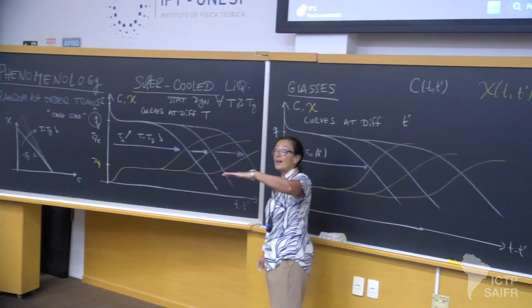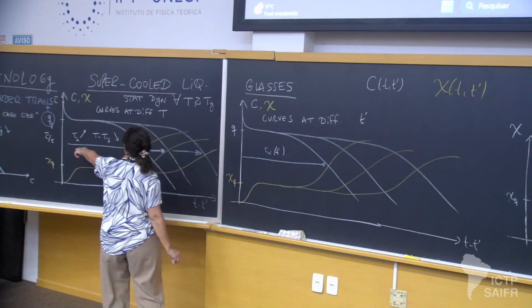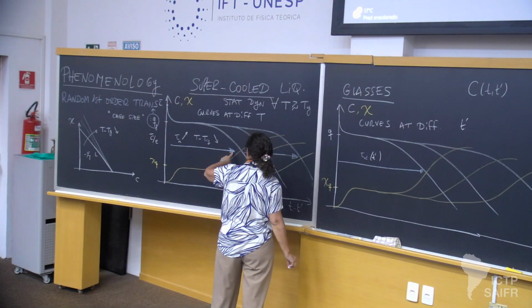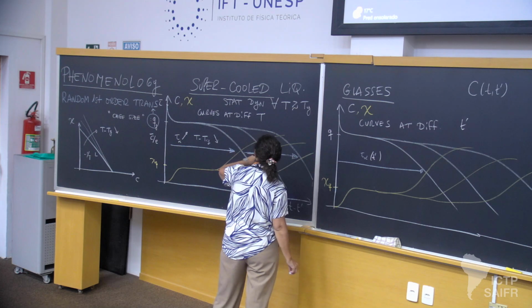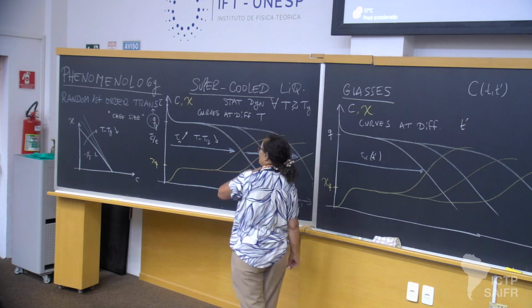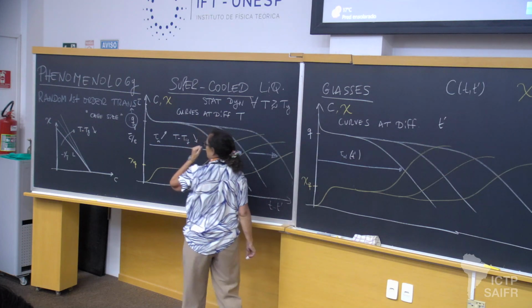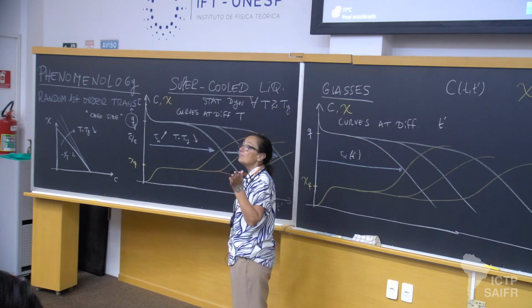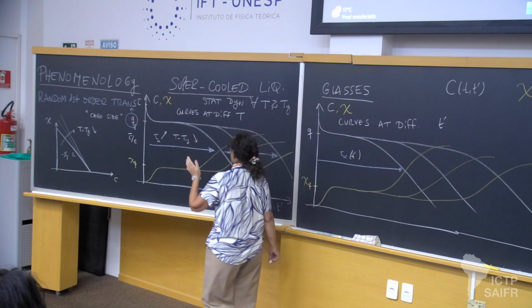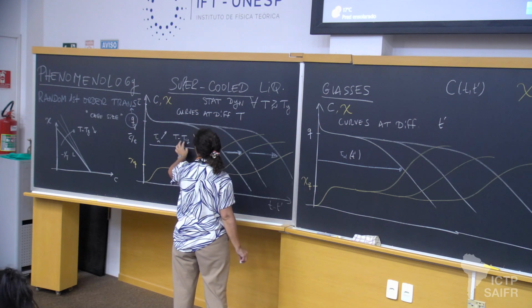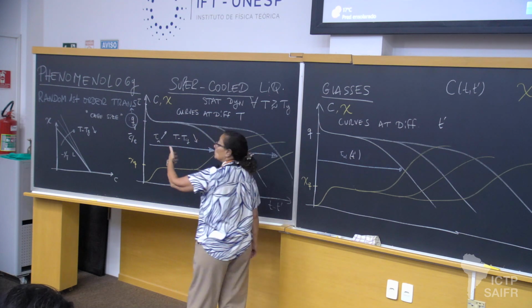So you define a reference value of correlation, and you see that the time difference needed to decay to that value of the correlation increases with the distance from the glassy temperature. So it increases in such a way that it seems to diverge.